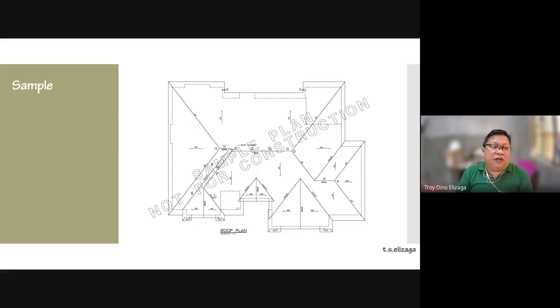But when you work for a company, you have to adjust to their standard if they have. If they don't, then probably you can start setting the standard yourself. That's the time that you can impose your own. So if the standard in that company is just to draw it as simple as this, you should follow. Otherwise your job captain or your architect will feel frustrated with you.